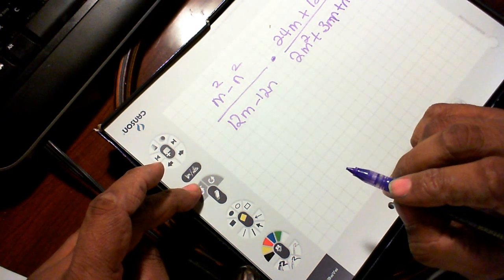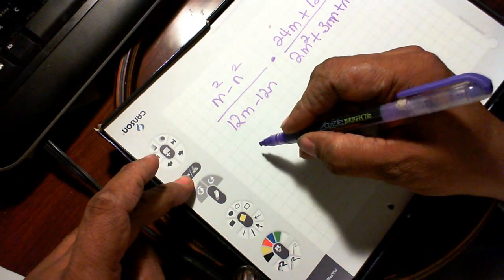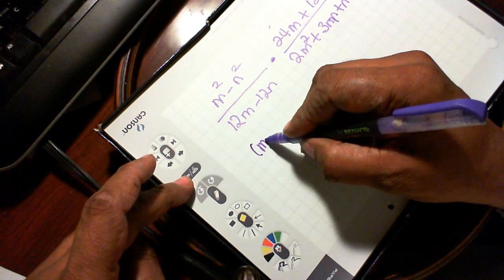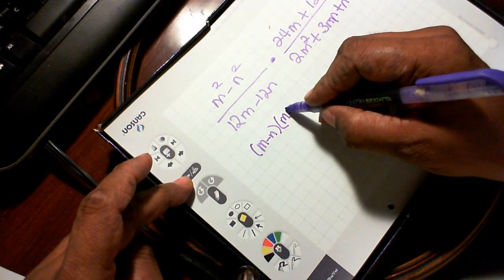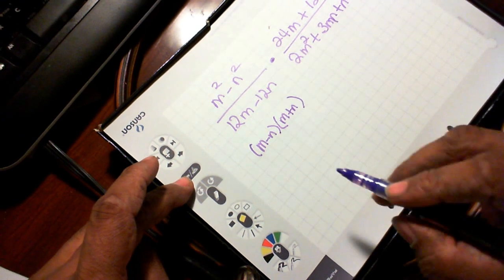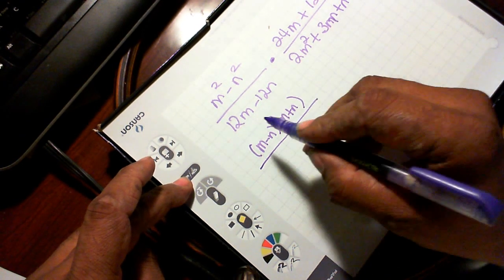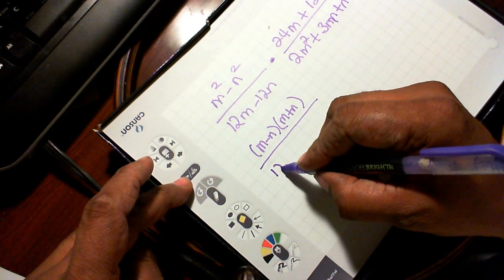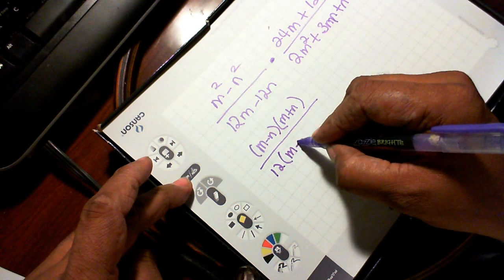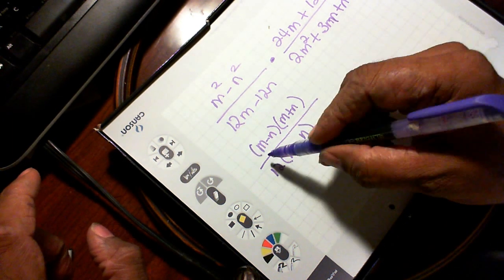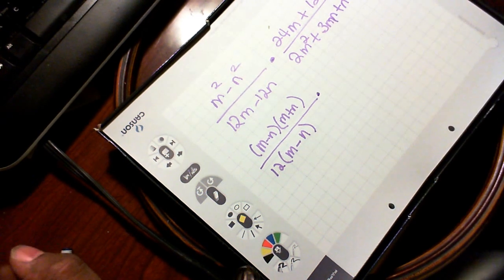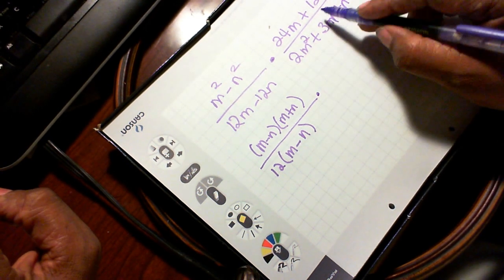The top is the difference of two squares, so we can factor this as m minus n times m plus n. Divide by, here we can factor out a 12, 12 times m minus n. Immediately we see we can cancel these two, but we'll do it in a second.